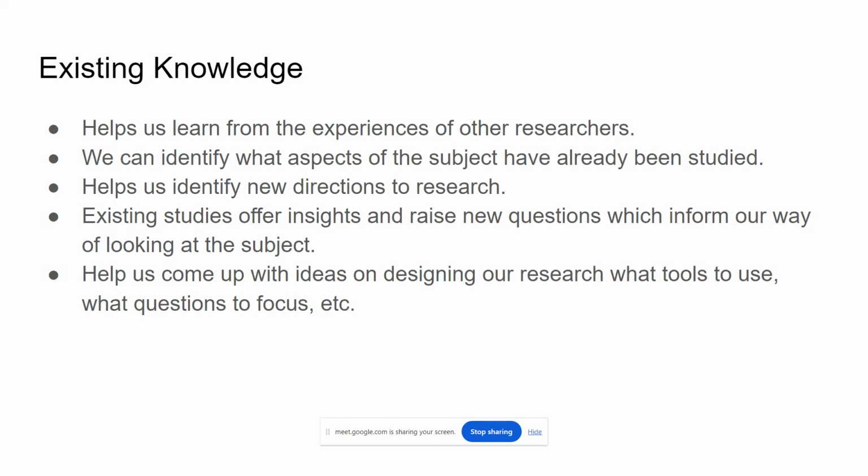We do not have much experience in doing an ethnography. This is our first time. So in that aspect, existing knowledge or earlier ethnographic researchers will help you map out certain ways in which you can interact with the participants, what questions you can ask them, how you make a rapport.